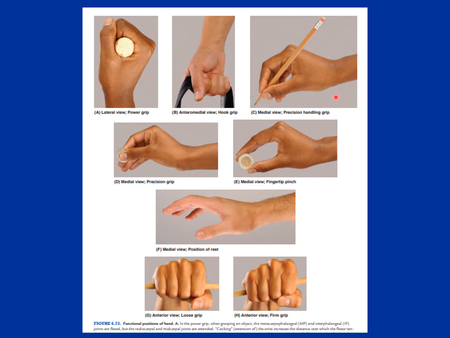For handling a pencil, this type of grip is known as the precision handling grip. To hold a coin, again a precision grip, and if you handle something between the fingertips, that is the fingertip pinch.